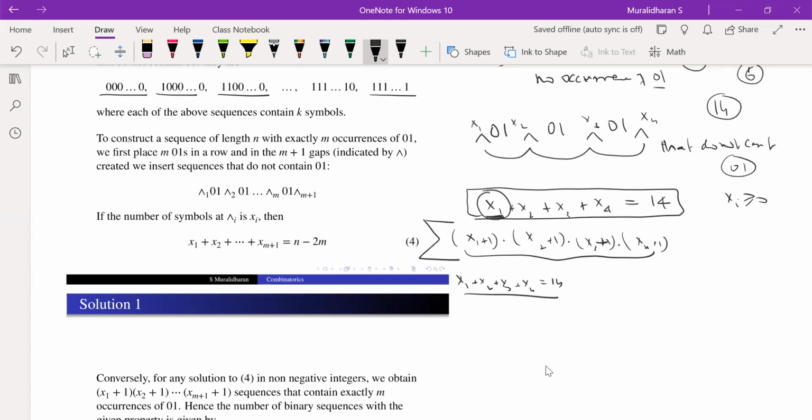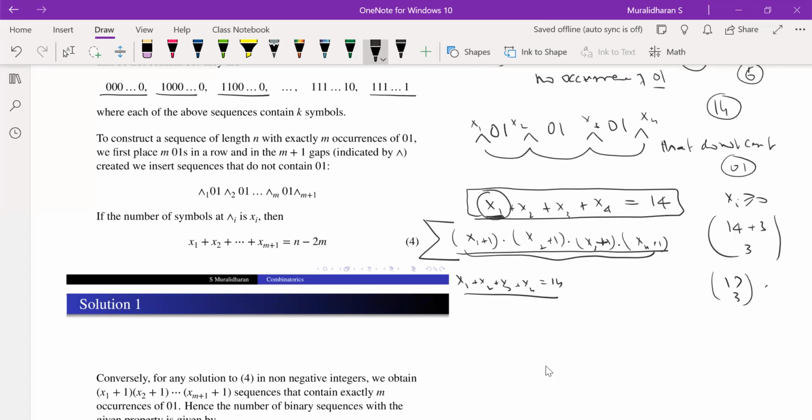How many solutions are there? I have 14 plus 3 C 3, that is 17 C 3 solutions. For each solution, I have to find this product and sum all of them up. Then I will get the number of sequences. Correct? It looks like a difficult problem, isn't it?